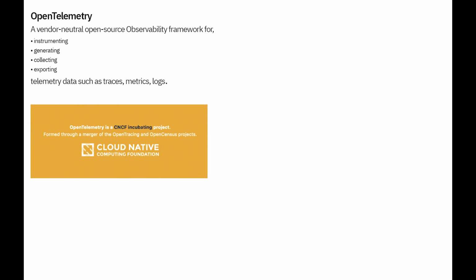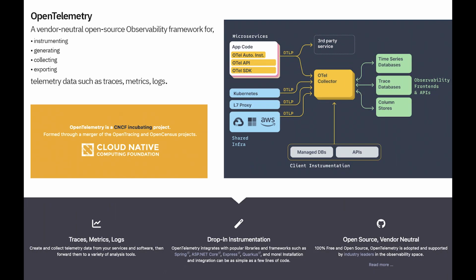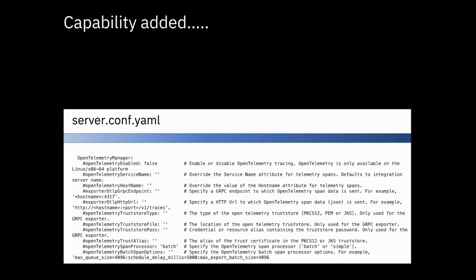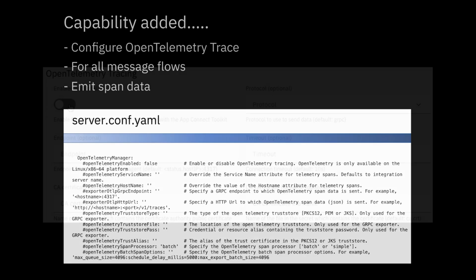OpenTelemetry is an incubating Cloud Native Computing Foundation project which provides an open-source framework for tracking and correlating data as it passes between disparate applications. Capability has been added in IBM App Connect Enterprise, which allows you to configure OpenTelemetry trace for all message flows in an integration server and emit span data to an OpenTelemetry collector.